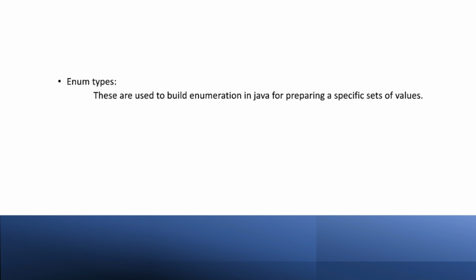And the third one is enum types. These are used to build enumerations in Java for preparing a specific set of values. Like we are using enumeration in Java, similarly here also we are using enum types.